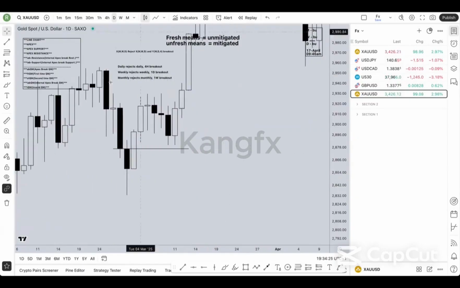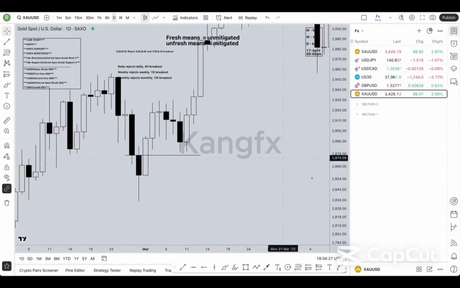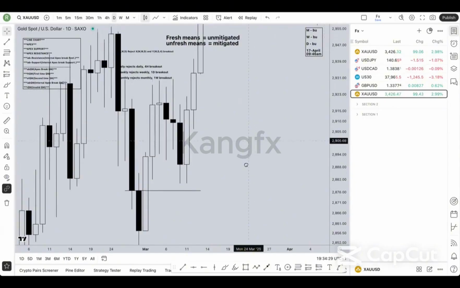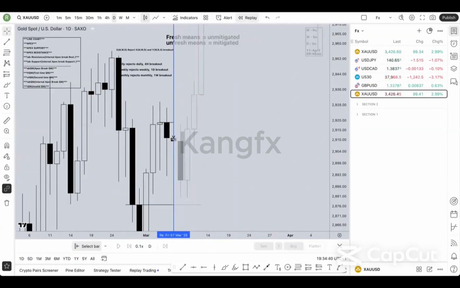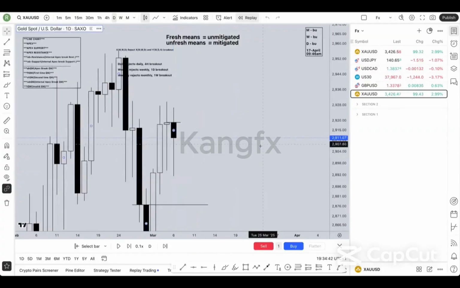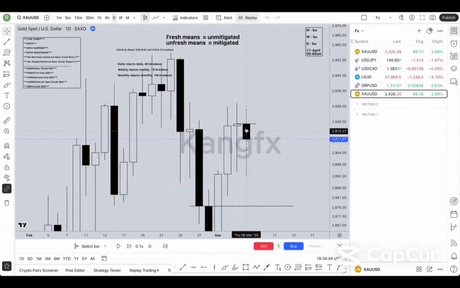Now, if I look at this resistance here, when this wick did not come here, the level was still fresh. Okay, we need to take back the replay so you understand. Now at this point, this area is still fresh because no wick has touched it.